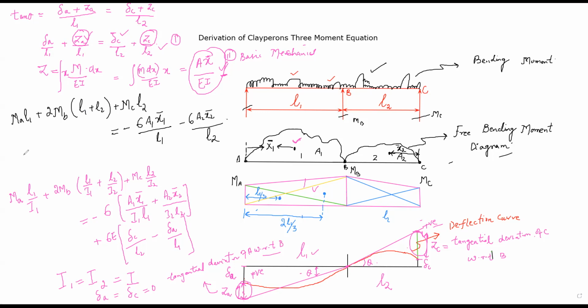And this is called the Clapeyron's 3-moment equation. This equation we'll be using for drawing the shear force and bending moment diagrams of the continuous beams.